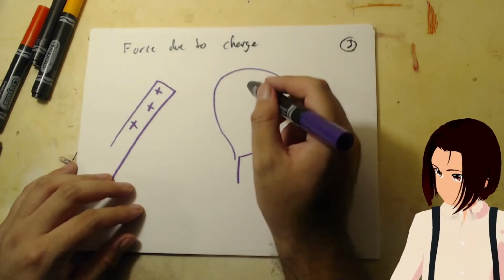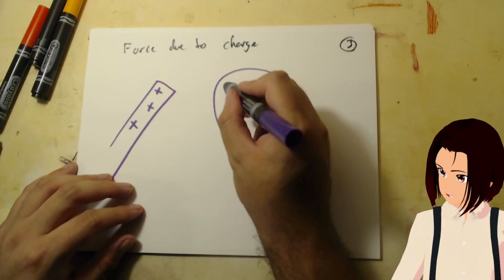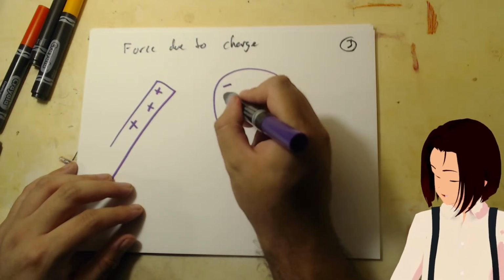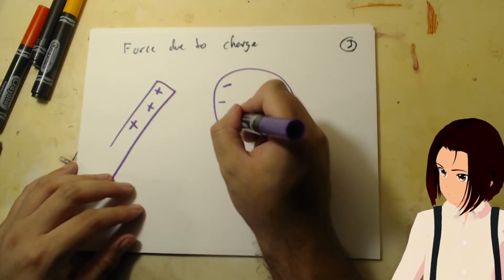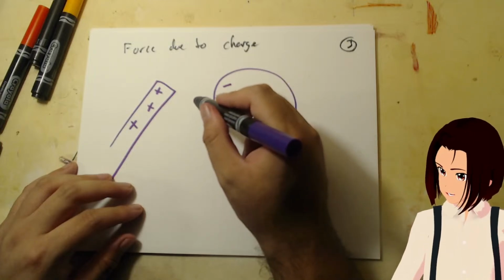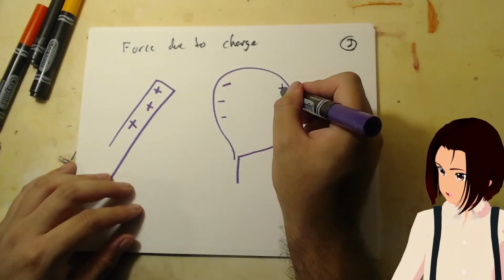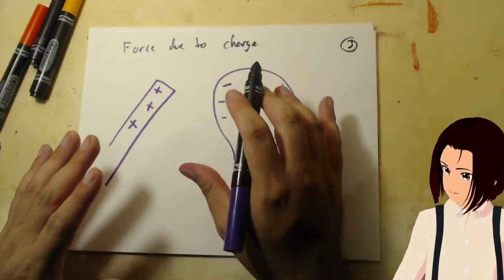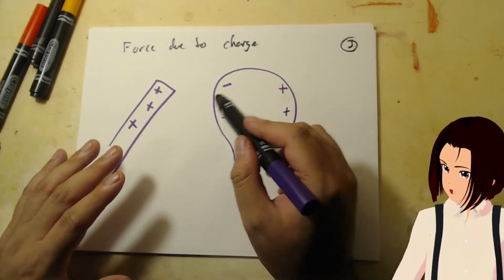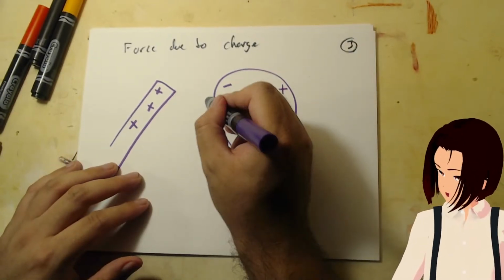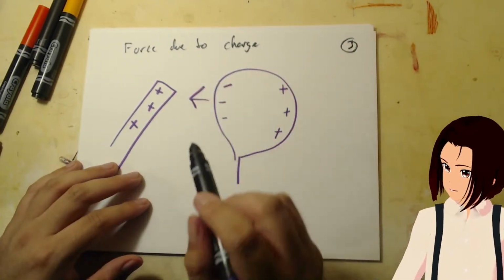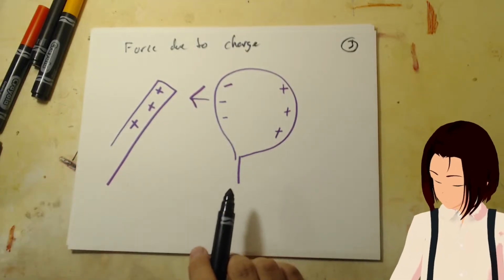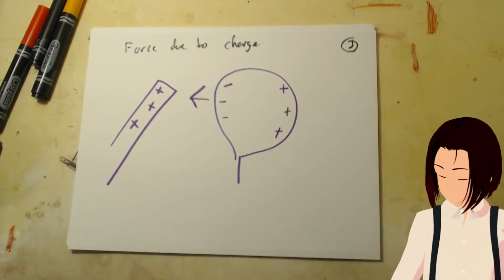So right here, the negative charges want to go towards the positive charge, and the positive charges will be pushed away. So it's like if it were neutral, now it's suddenly charged one way or the other, and it would want to go towards the magic wand from the warlocks. So yeah, you got the idea.